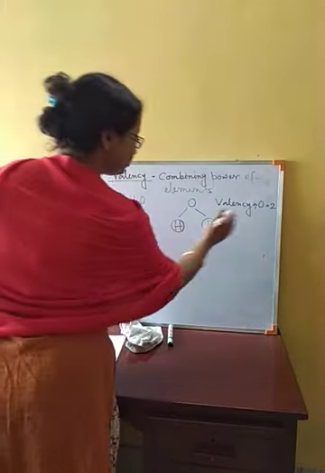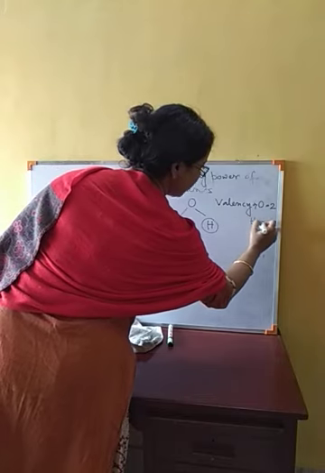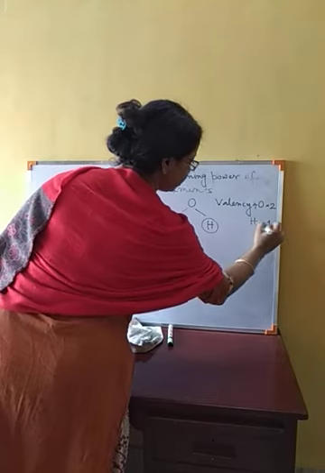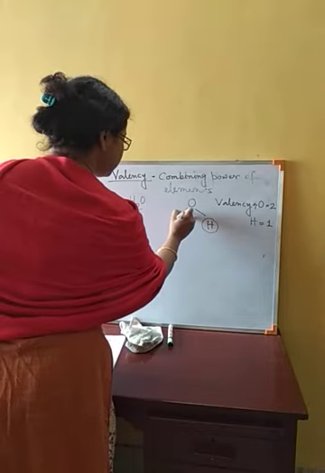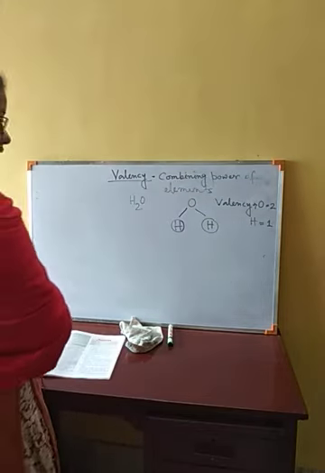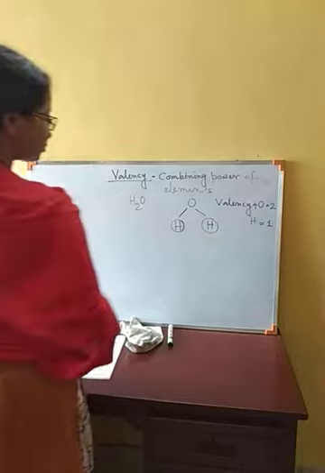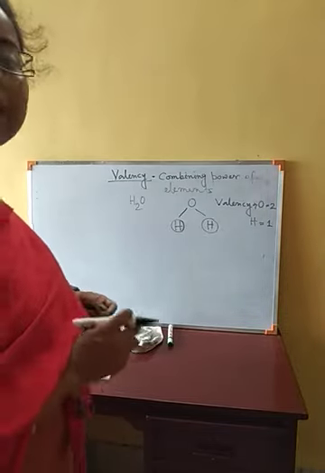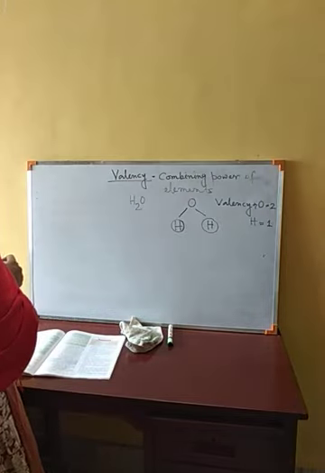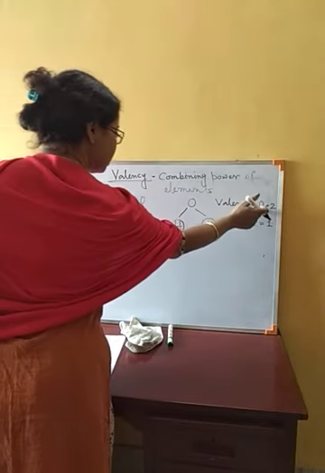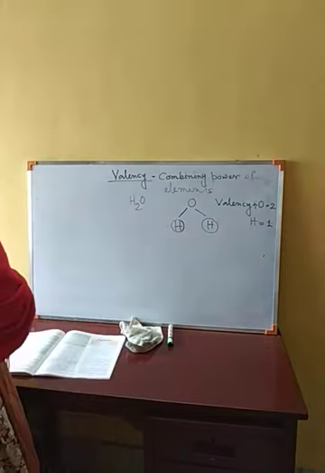So hydrogen's valency we will say as 1. We have drawn only a single bond from hydrogen. That means hydrogen is having only one hand. That's why its valency will be 1. So oxygen's valency is 2 and hydrogen's valency is 1.